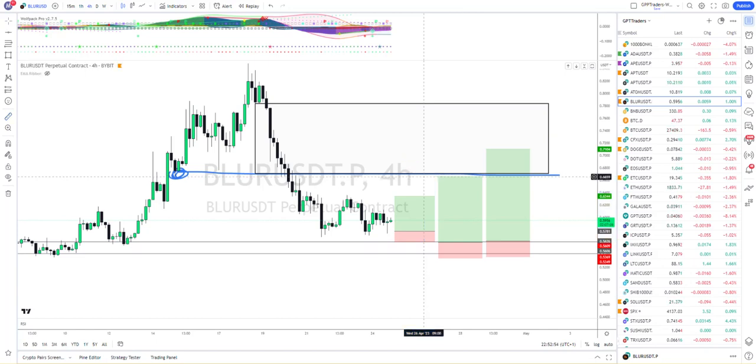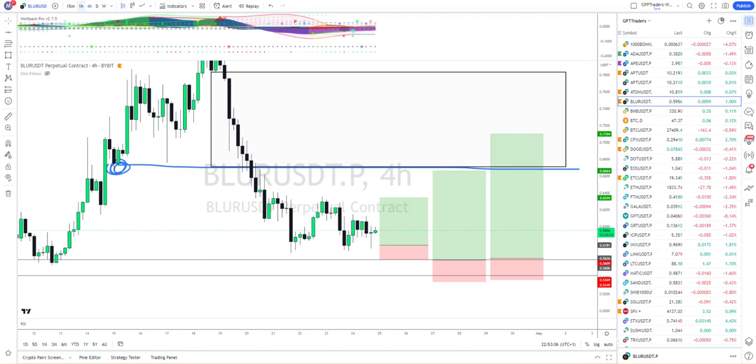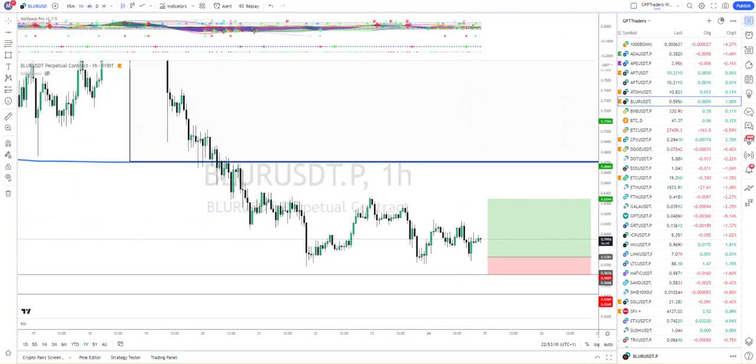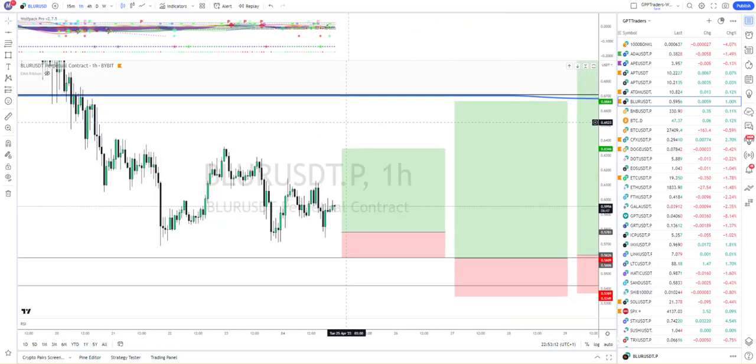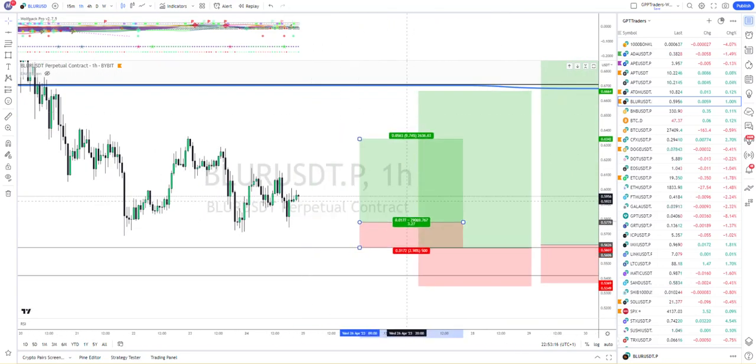Now we know crypto can move. We especially know that these smaller coins can move very aggressively. But yeah, I think there's a huge potential on this trade setup with very little risk. Just to paint a fuller picture, if we were going to go on a smaller time frame, then let's quickly move this aside.